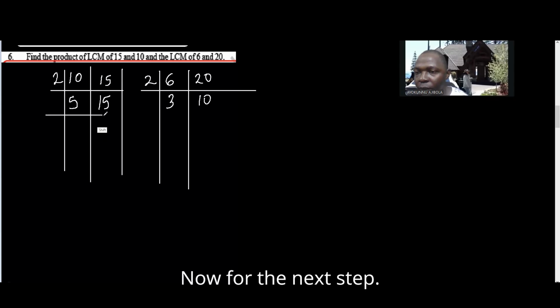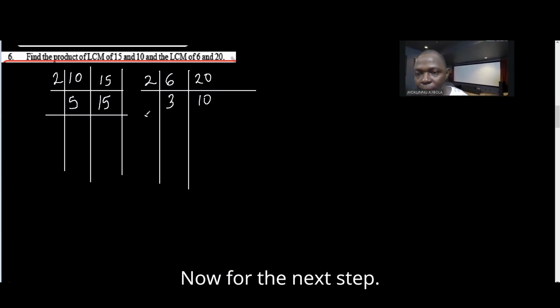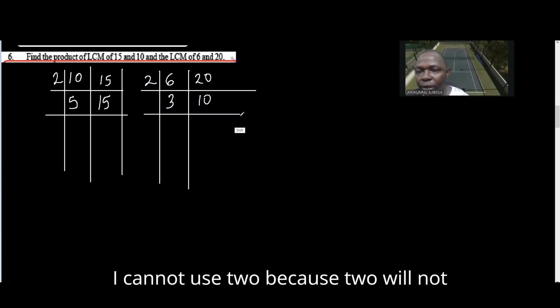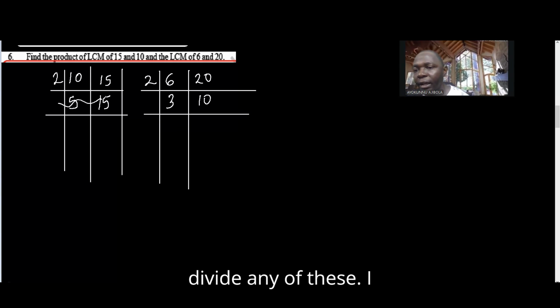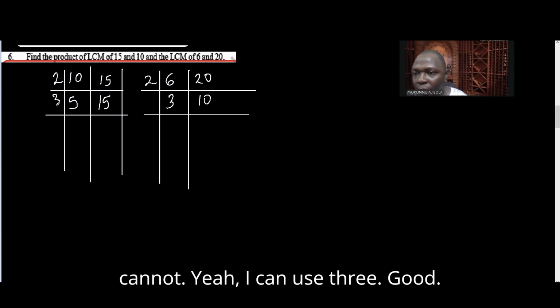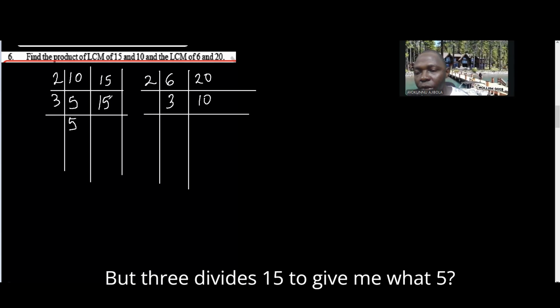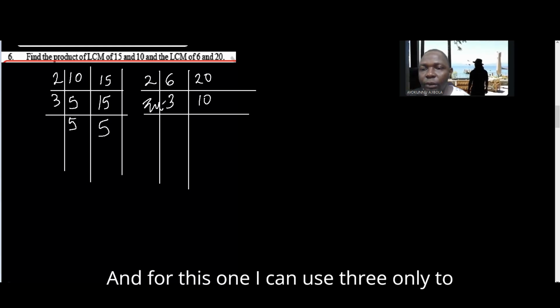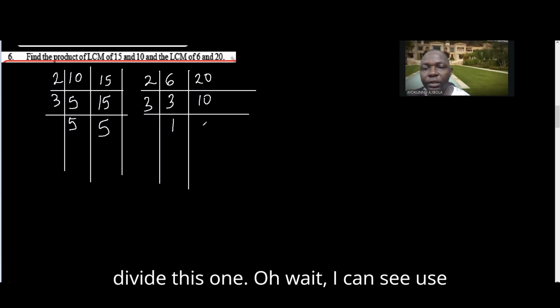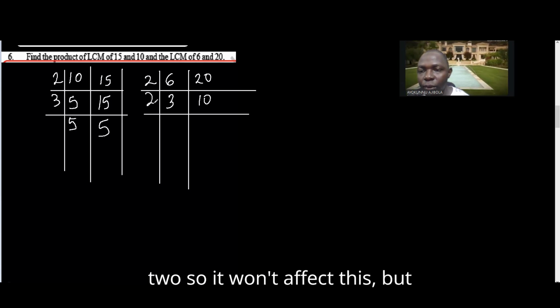Now for the next step, I cannot use 2 on 5 and 15, but I can use 3. 3 will not divide 5, so my 5 remains, but 3 divides 15 to give me 5. For the 3 and 10, I can still use 2.